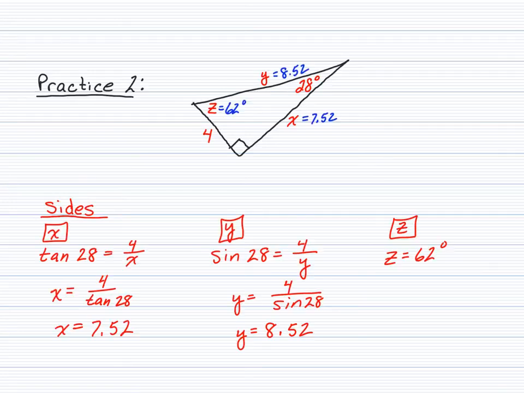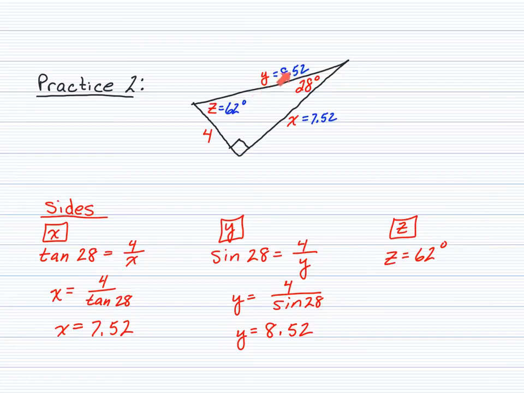All right, welcome back. So you can check your answers here for the values of x, y, and z. And one of the things I want to point out here is that we can get an idea of whether our answers are in the ballpark or not by remembering our inequality property of triangles from geometry, where if this is our largest angle, the side across from it, which is the hypotenuse, has to be the longest side.